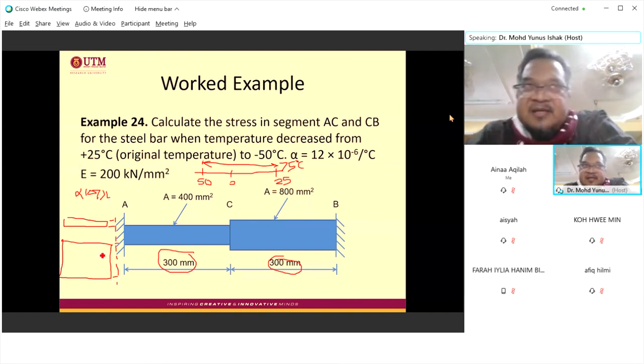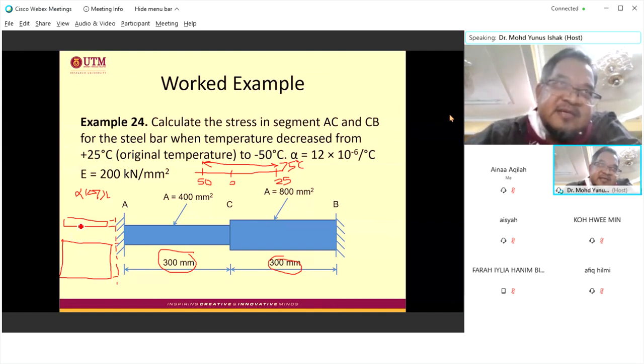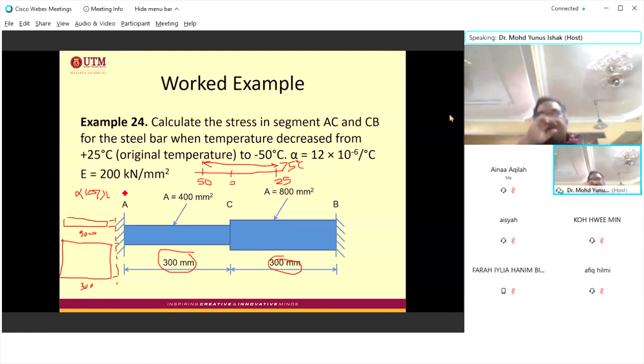Dia tidak mengira size. So kalau sini 300, sini 300, dia akan panjang sama. Sebab formula ialah alpha delta TL.